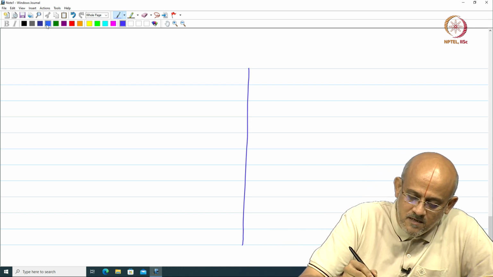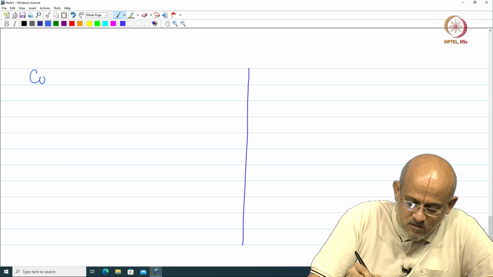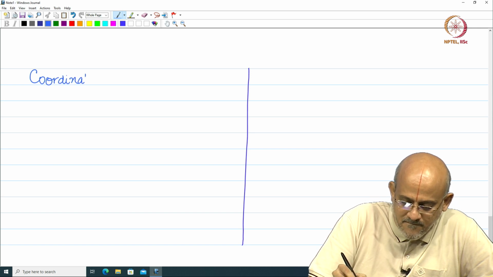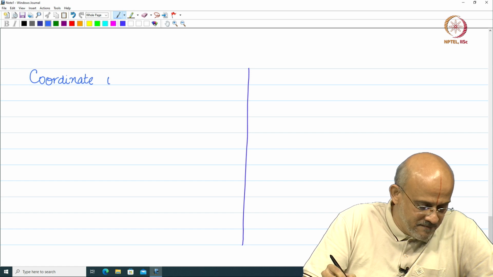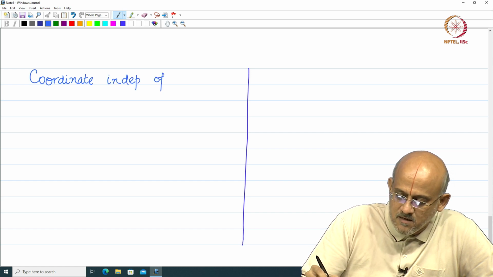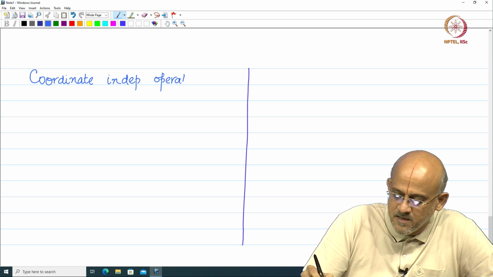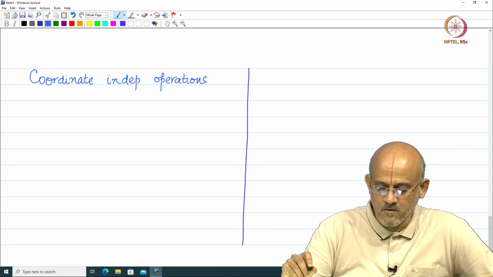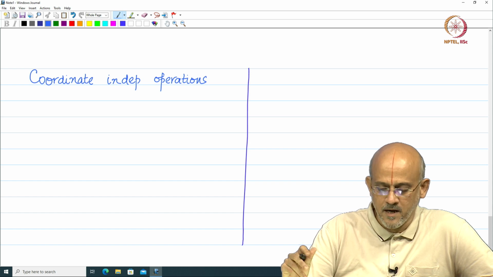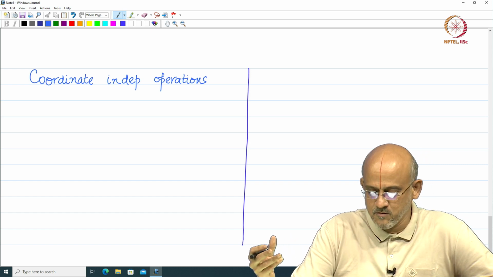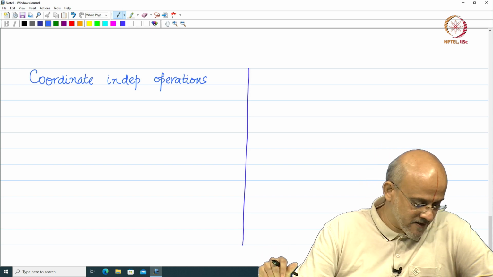That will tell us clearly what difference it is going to make. So let us look at coordinate independent operations. That means this is going to be an operation or set of operations that we are going to perform on vectors, or it could be a point and a vector, whereas whatever operations that you try to do on points will be coordinate specific.